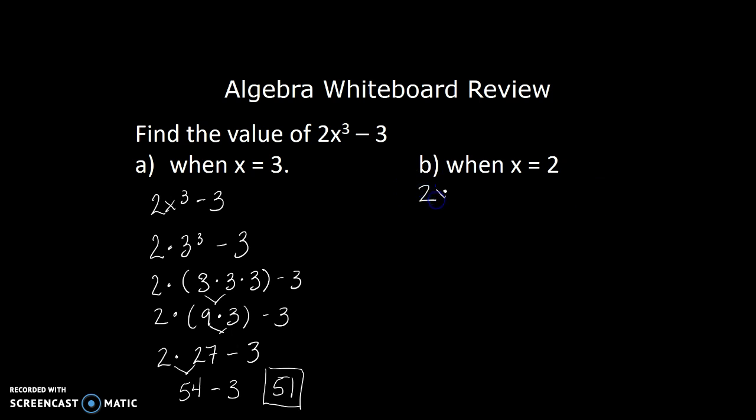Okay, so 2x to the 3rd minus 3. So we'll substitute in 2 for the x, so now we have 2 times 2 to the 3rd minus, oh, I wrote it wrong again. I can't believe I keep doing that. Minus 3.